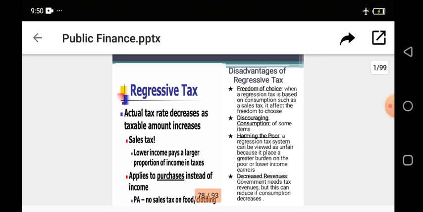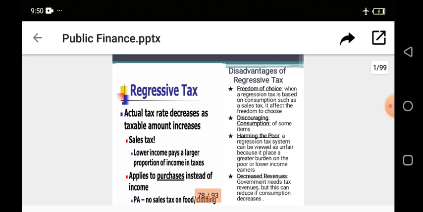You might need it for survival, and that will discourage consumption of such items. Now, what happens to those industries that are producing those commodities? Once you are discouraged from consuming that product because of high price, it definitely will affect the demand. And once demand is low, supply will be low. And once supply is low in those industries, then they have to lay off some workers to be able to survive, and that will lead to massive unemployment in that industry.